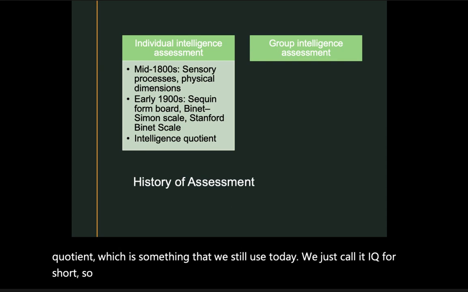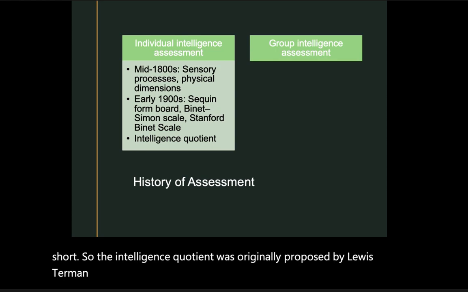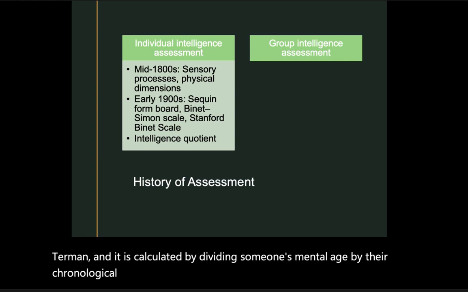The intelligence quotient was originally proposed by Lewis Terman, and it is calculated by dividing someone's mental age by their chronological age and then multiplying it by 100.